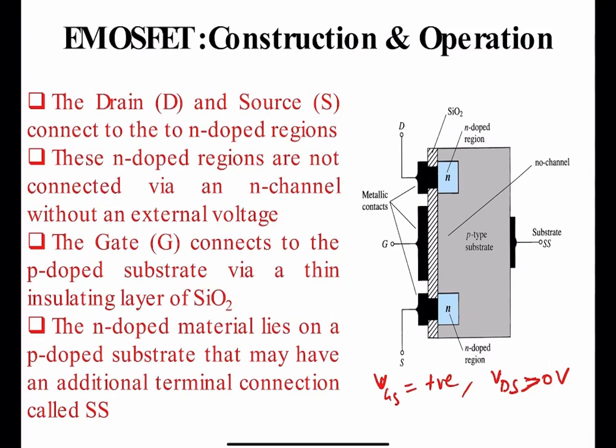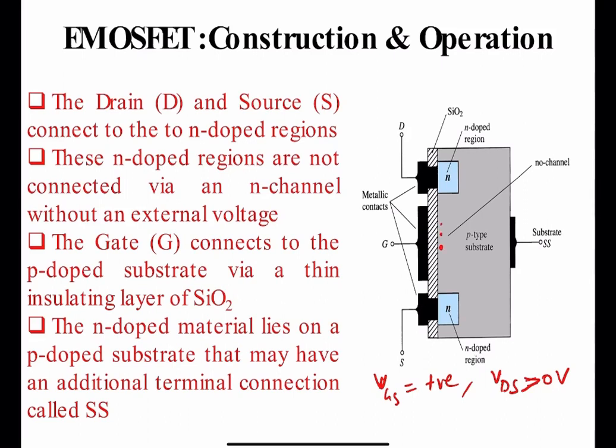Therefore, a depletion region near the silicon dioxide insulating layer would be formed. However, electrons in the p-type substrate will be accelerated to the positive gate and accumulated in the region near the surface of silicon dioxide. Here in this surface, these are accumulated.